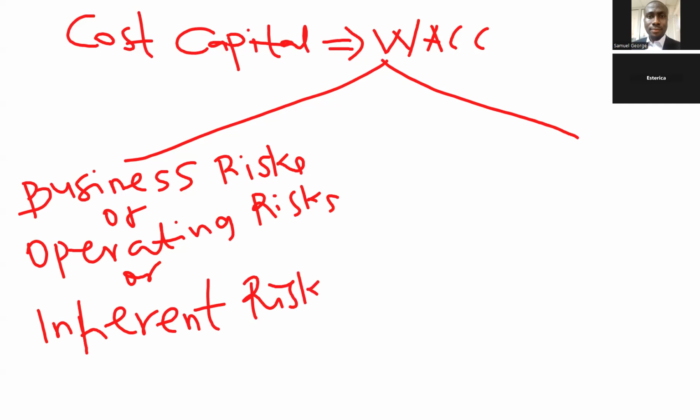Business risk is the risk you face because you trade in a particular industry. You are a fashion designer, or you tailor, you are a stylist, you have risk in your own line of business. Every sector, every business has its own risk. Whatever risk is inherent to the business or the sector, that's what we refer to as business risk or operating risk.